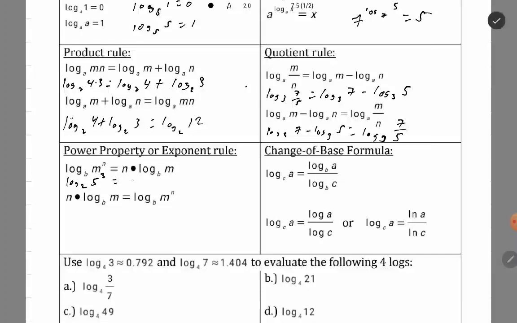We can call this the same thing as 3 times log base 2 of 5. And vice versa. If we have 3 log base 2 of 5, that is the same thing as log base 2 of 5 cubed.